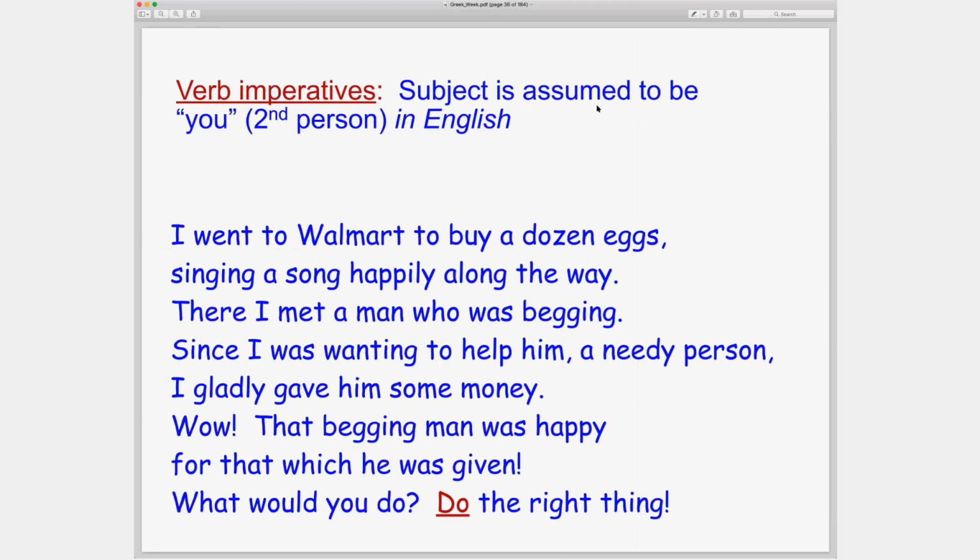Imperatives. I have one, and it is do. Do the right thing. In English, you start the sentence, you put the verb at the beginning, you capitalize it, and you omit the subject. The subject is assumed to be you. So it's you, do the right thing.